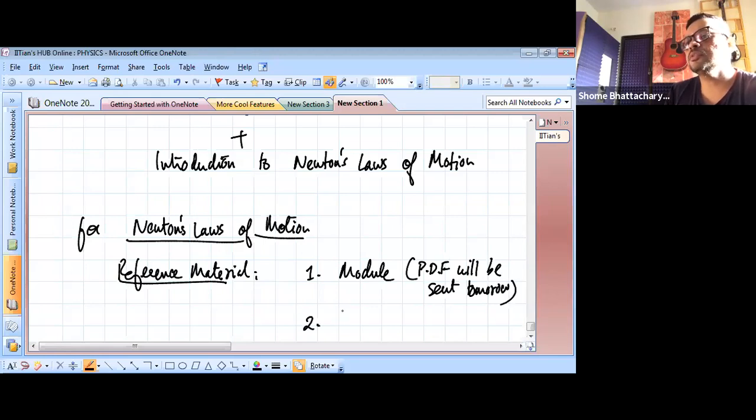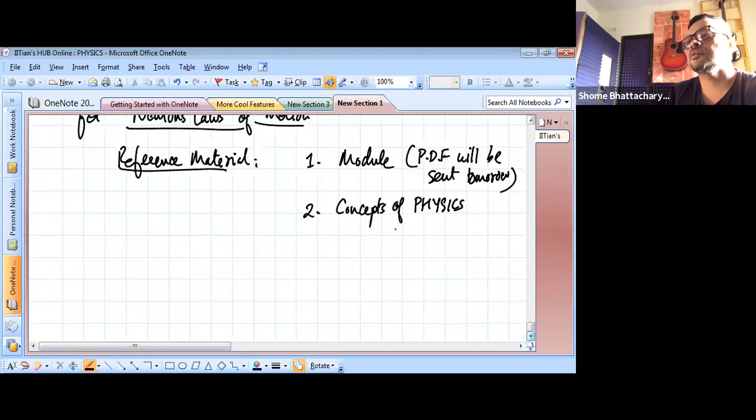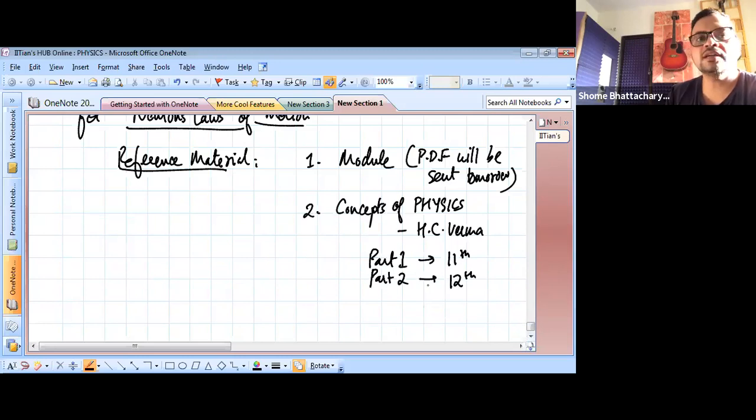Okay. And second, we will follow this book, Concepts of Physics, HC Verma. Part 1 is for class 11 and part 2 is for class 12. You can start reading this. Okay. So these we will definitely follow.